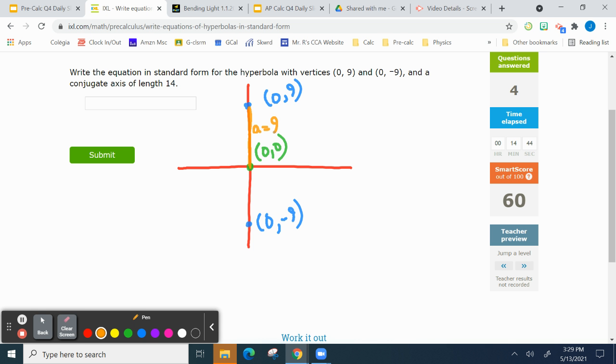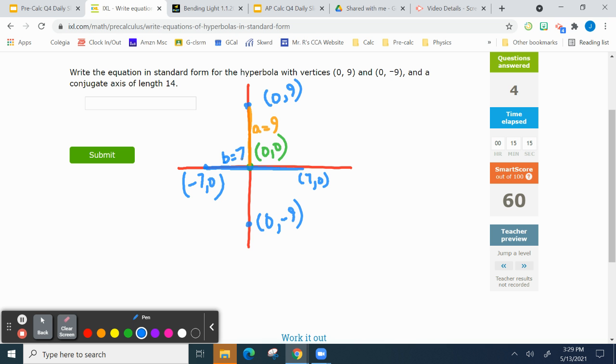The conjugate axis is the other one, and I guess I'll use blue again. If the whole conjugate axis is 14, that means that this is going to be 7, 0, and -7, 0, which means our B is going to equal 7, right?